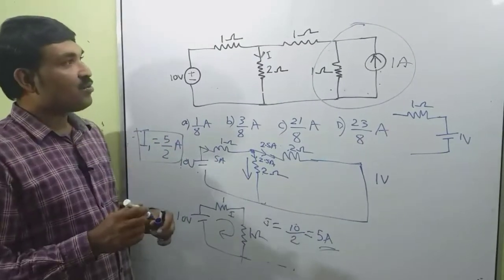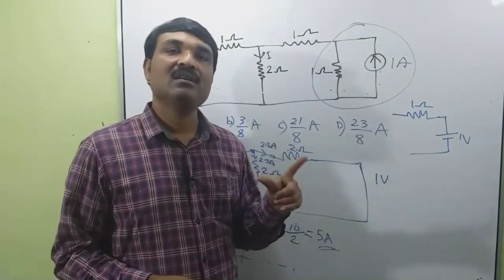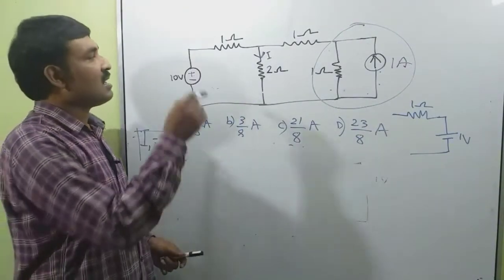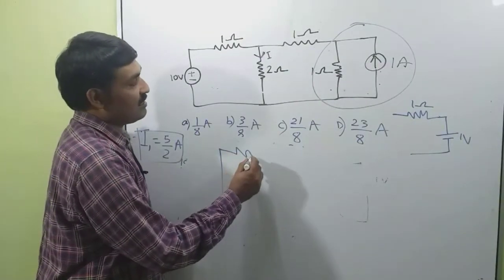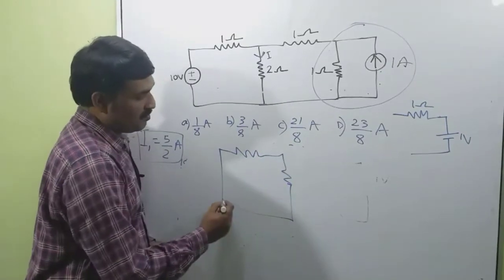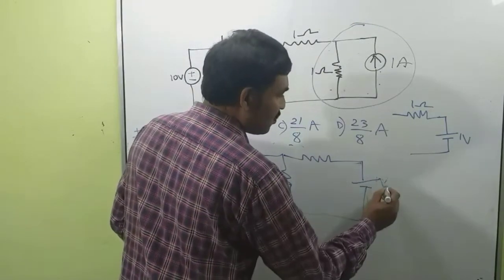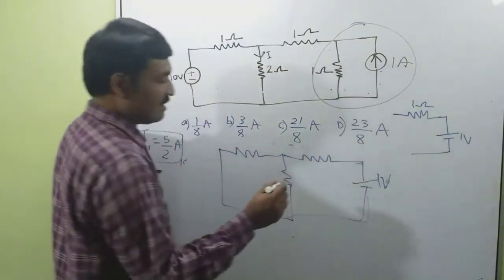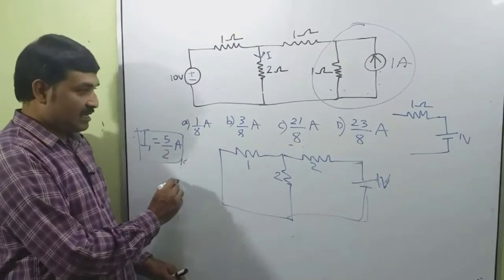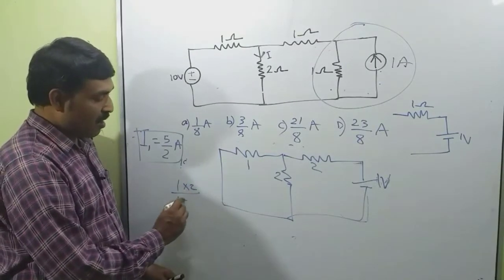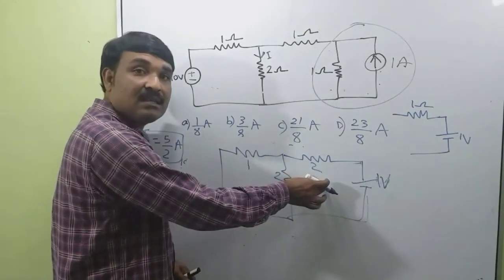Now we want to find the current when this 1 volt source alone is acting. For that purpose, I am going to short circuit this voltage source. So the circuit can be redrawn as this: 1 ohm, 2 ohm, here 2 ohm and 1 volt source. Now this 1 volt source alone is acting. This is 2 ohm, 2 ohm and 1 ohm. This 1 and 2 are in parallel. So the resultant is 1 into 2 divided by 1 plus 2, that is equal to 2 by 3. This 2 by 3 is in series with this 2 ohm.